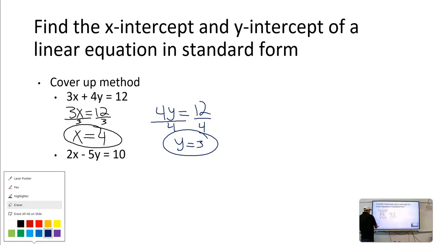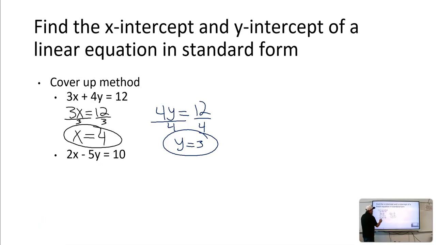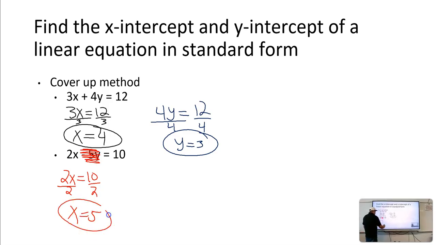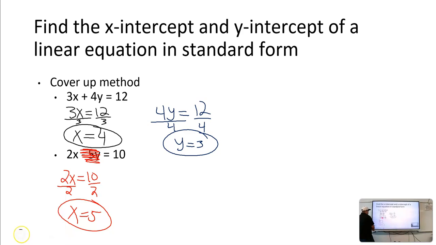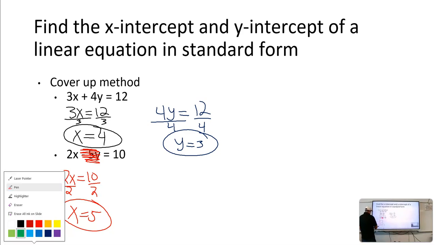All right, let's do it again. Let's go ahead and cover up the y. We're going to cover that up, and I'm left with 2x equals 10. Divide both sides by 2, and x equals 5 is my x-intercept. Okay, and then let's go back.